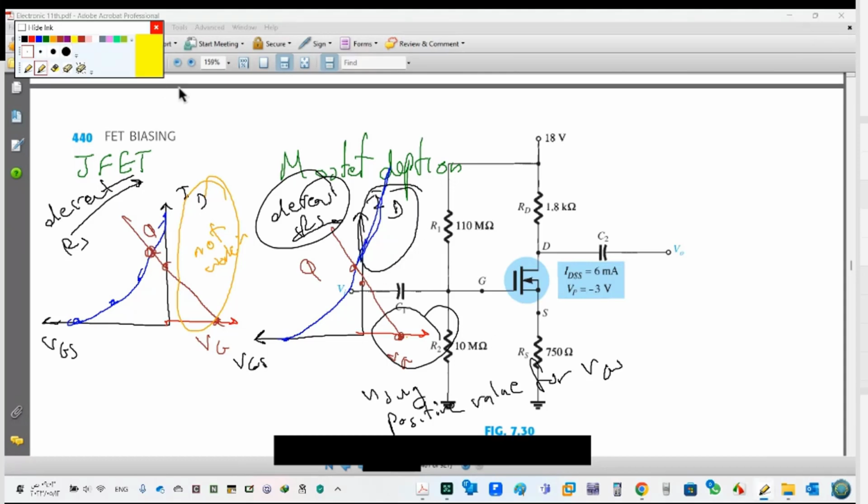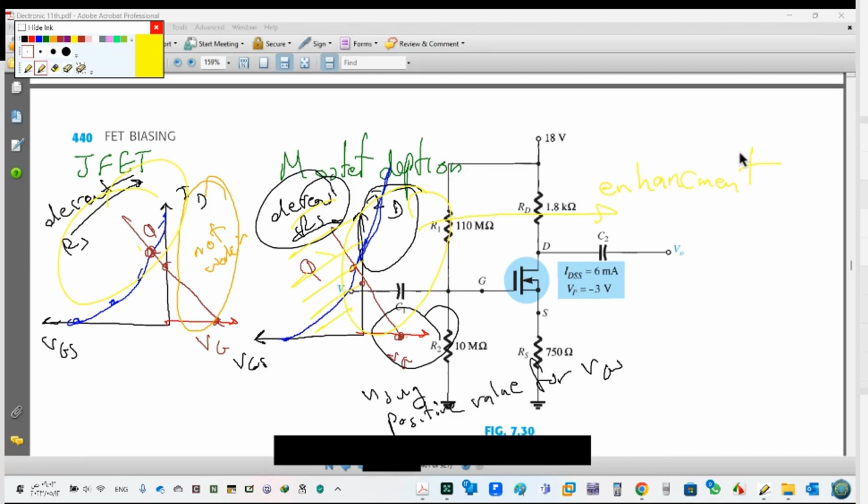So if you remember, we said this area is JFET, and this area is enhancement. So the only different thing between the JFET and the depletion MOSFET is that in the depletion MOSFET we have the positive part. In the JFET we don't have it. Otherwise nothing: all values the same, method the same. Got the idea?